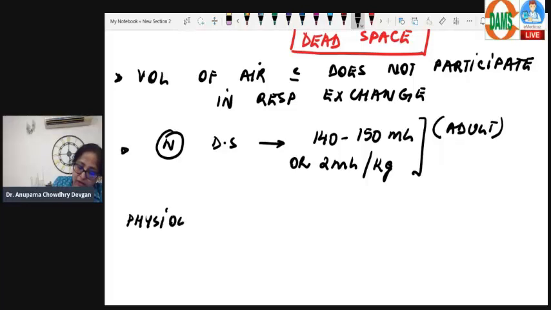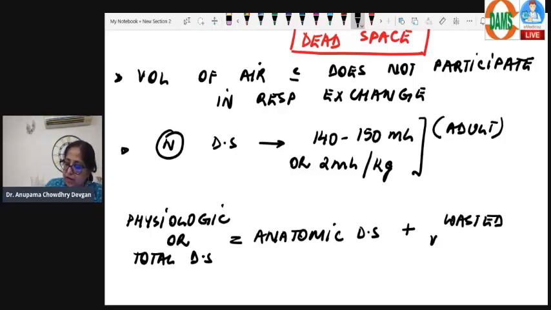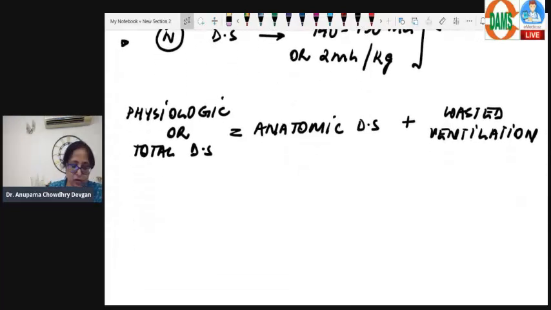The physiologic or the total dead space is equal to the anatomic dead space plus a wasted ventilation.